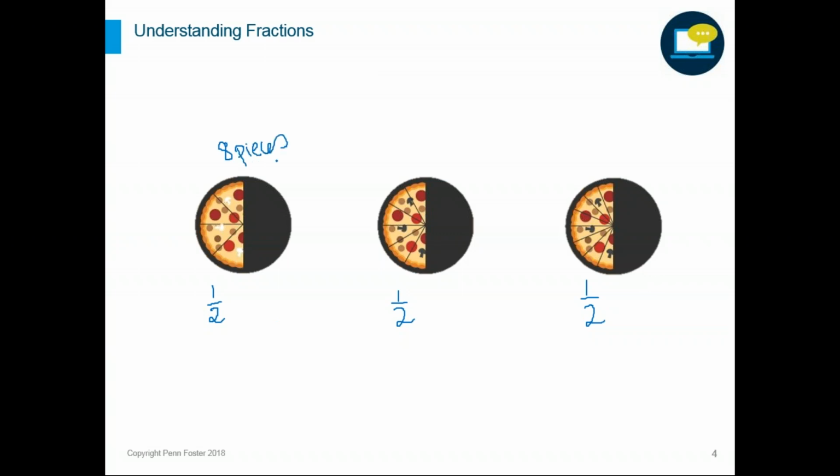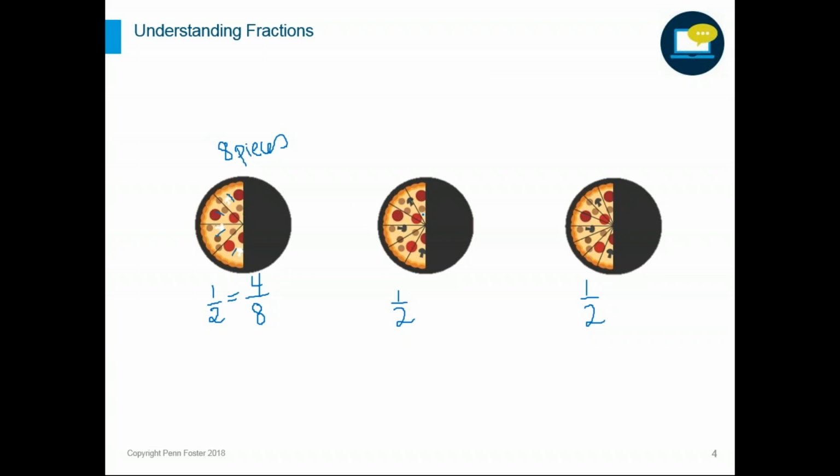So the total number of parts would be the denominator of the fraction. That would be an 8. And if I want to represent how many pieces of that pizza are remaining on the tray, I count 1, 2, 3, 4, and that will be the numerator. So 4/8 is the same as saying half. These two fractions look so different, but at their core, they have the same value. So I'm able to say that half equals 4/8.